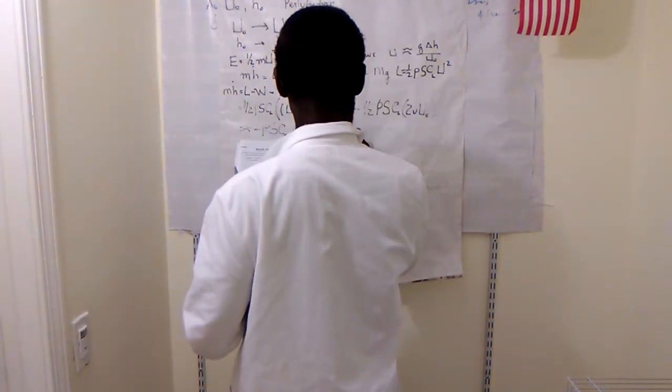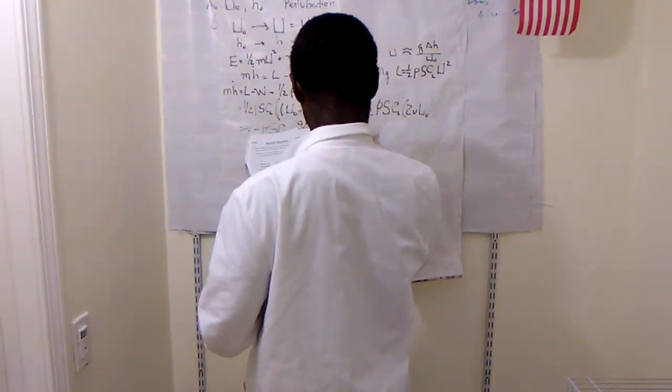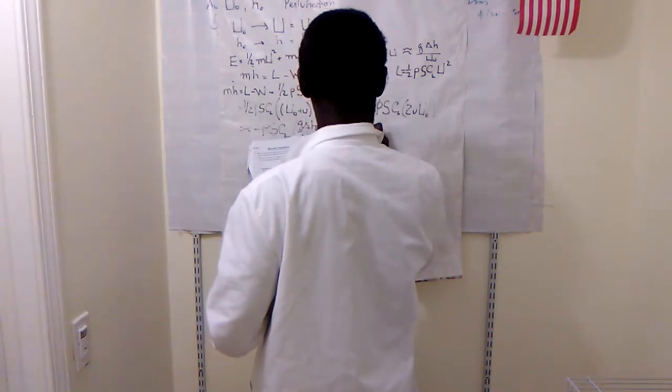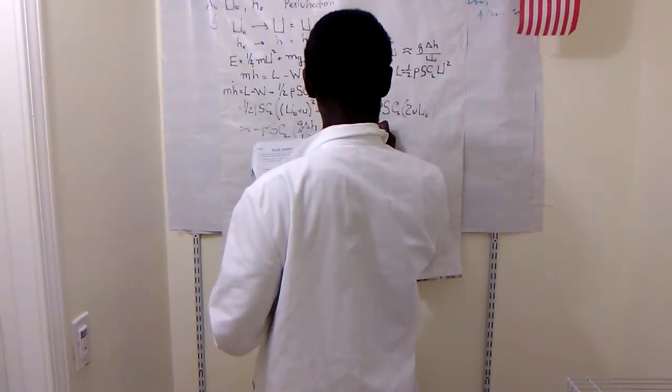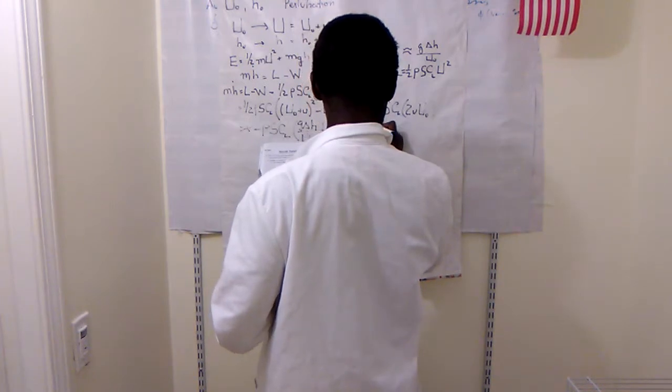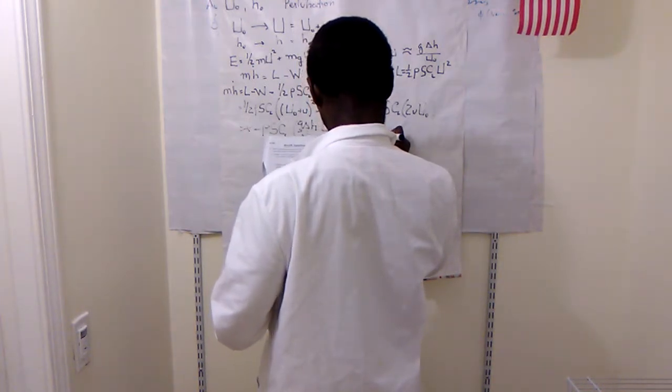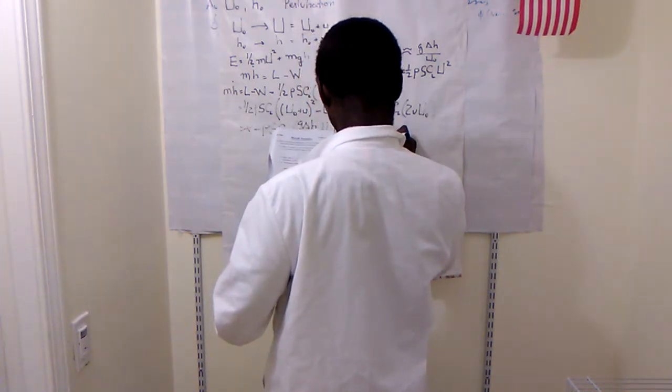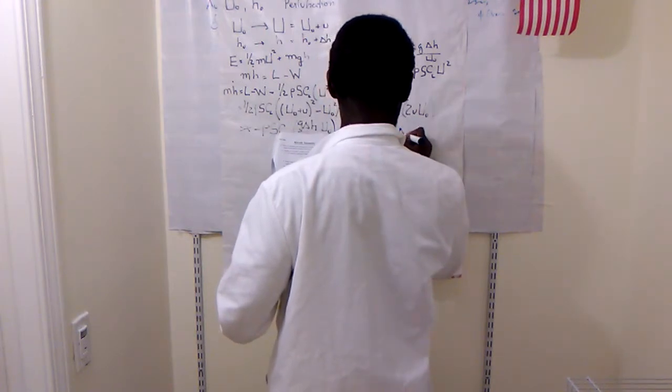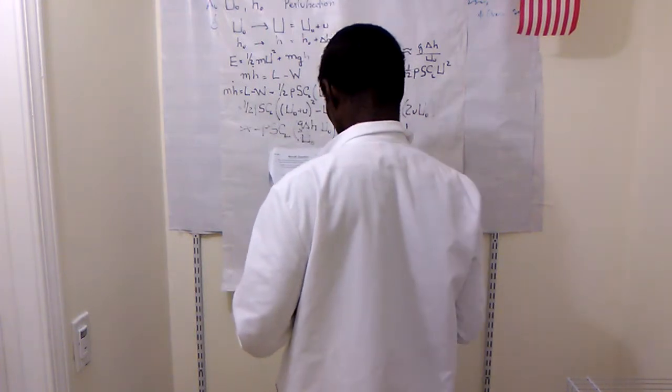And that's equal to rho, wing area of airplane, C sub L, gravity times delta height.